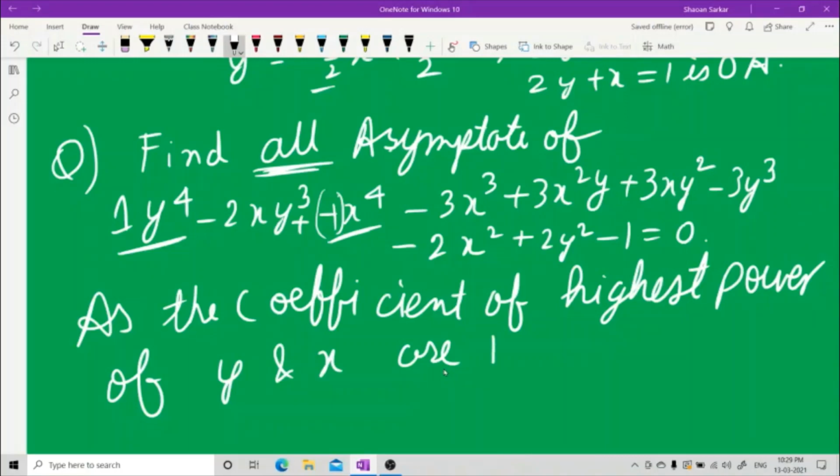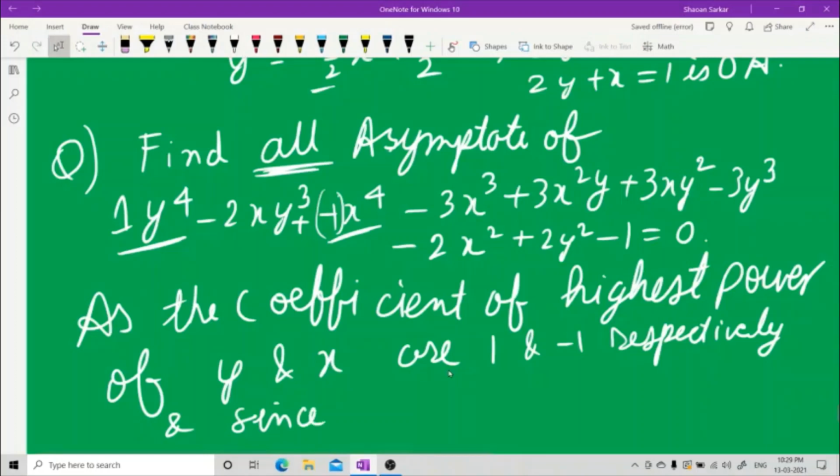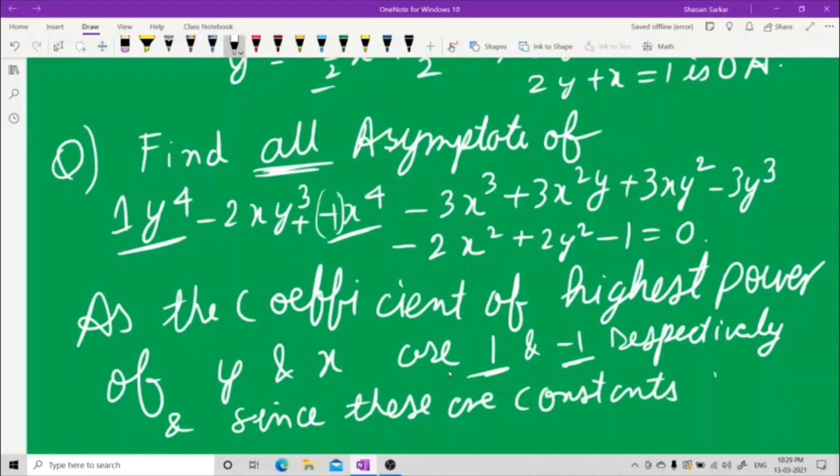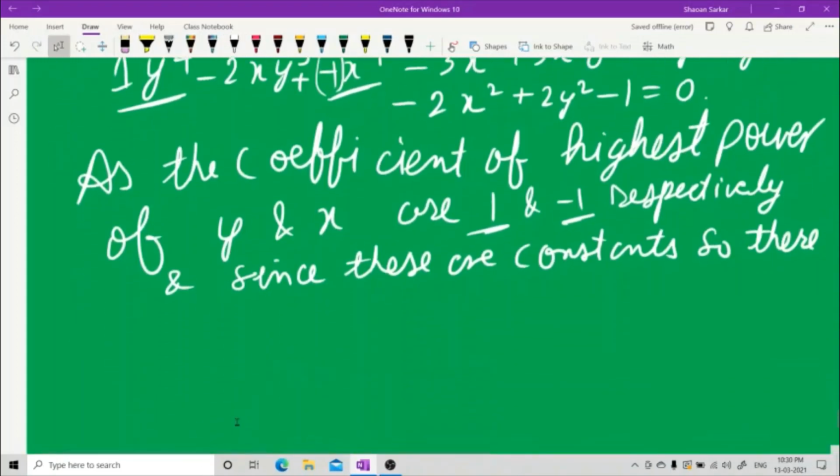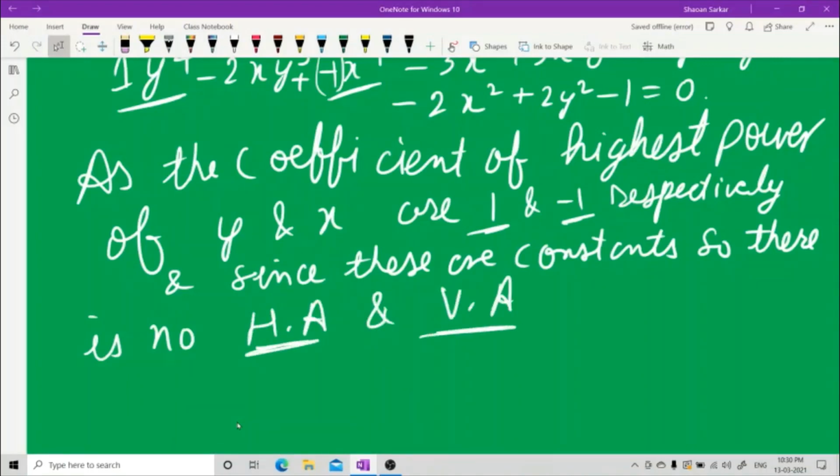The coefficients of the highest power of x are 1 and minus 1 respectively, and since these are constants, there is no horizontal asymptote and vertical asymptote. I am writing in short, you will write in full.